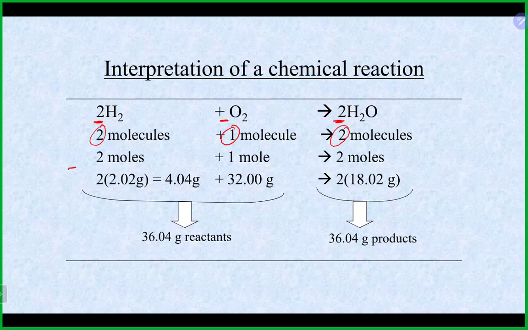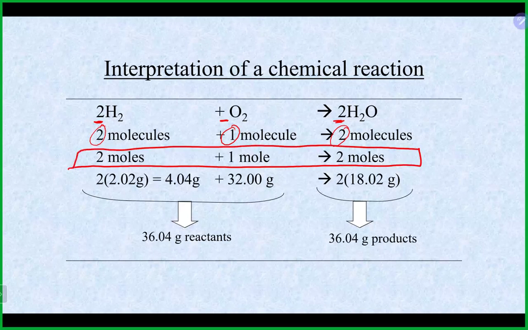The relationship that we're going to use in this chapter pretty much exclusively is sometimes referred to as the mole-to-mole relationship, and it also is just the coefficients. So we could say that 2 moles of H2 react with 1 mole of O2 to produce 2 moles of H2O. That is a relationship that we can use to do calculations from the equation using what is known as stoichiometry.